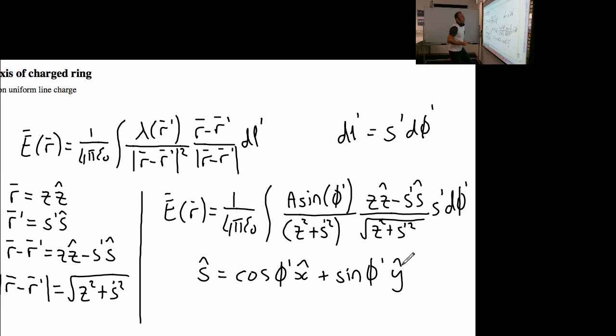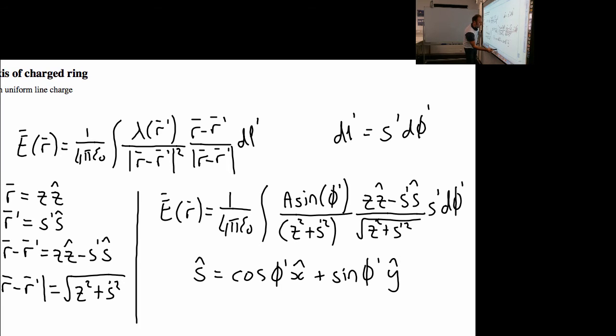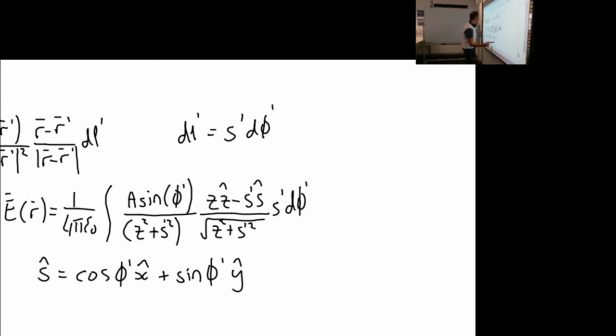The reason being is that x hat and y hat are constant in direction, and they can now be taken outside the integral. So what we have is three separate integrals when we put this in for s hat.